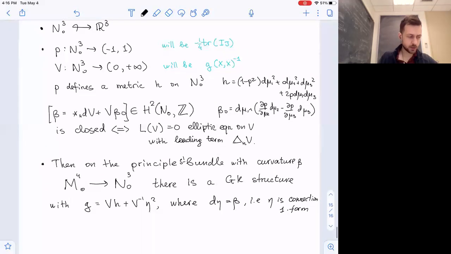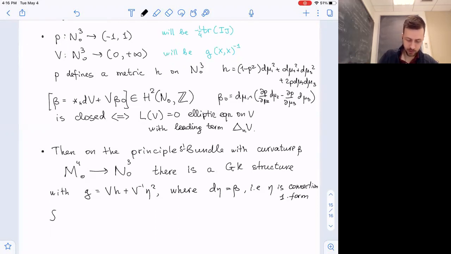So this is how the metric looks, and the holomorphic symplectic forms which define the complex structure are also fairly explicit. Maybe let me write it. So omega I will be a holomorphic symplectic form.